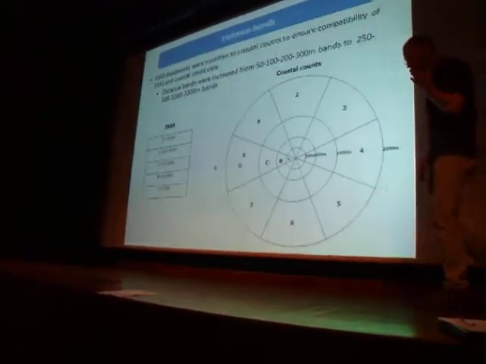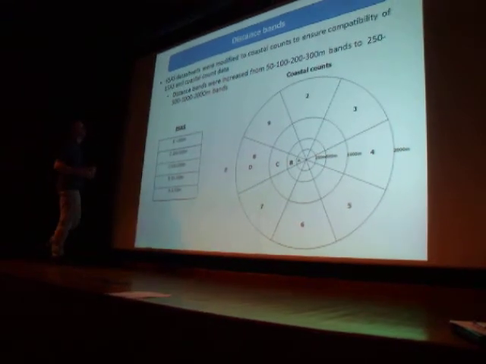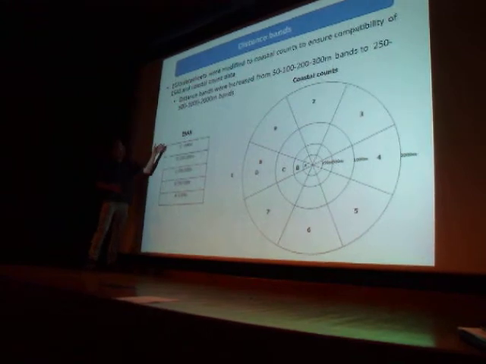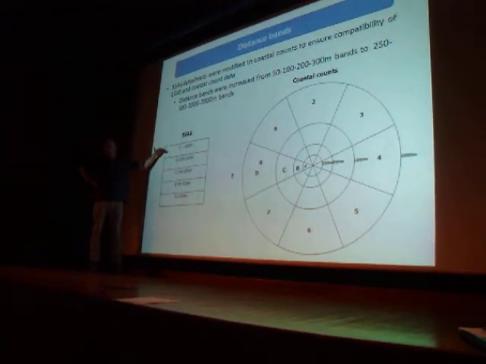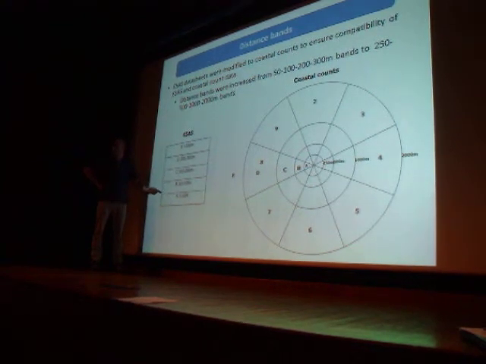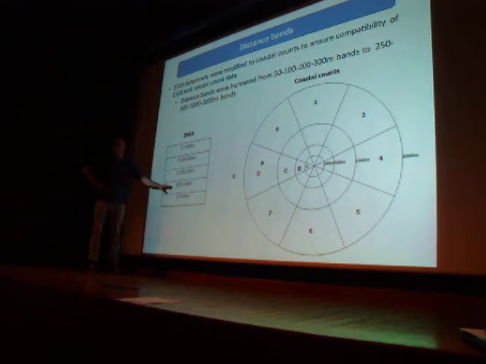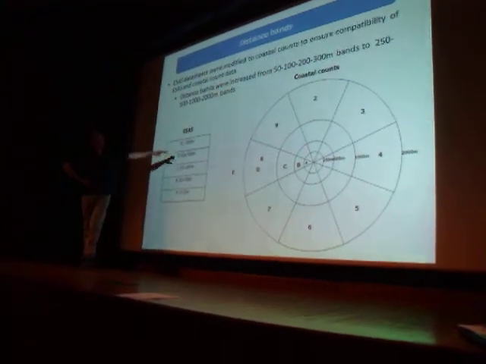So in order to somehow correlate the coastal counts with the ESAS, if you remember from our previous presentation, in ESAS you have these bands. So 0 to 50 meters, 50 to 100, 100 to 200, 200 to 300, and more than 300.